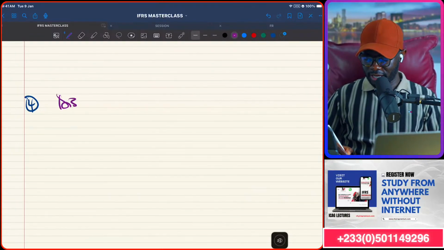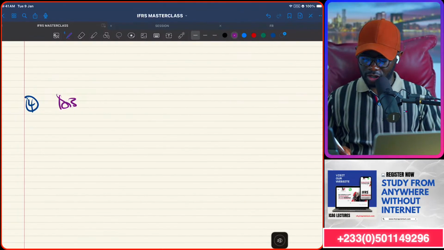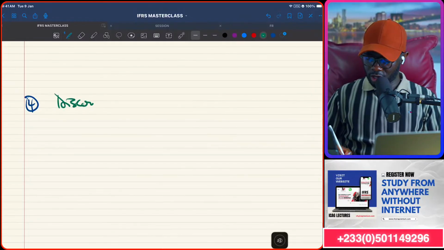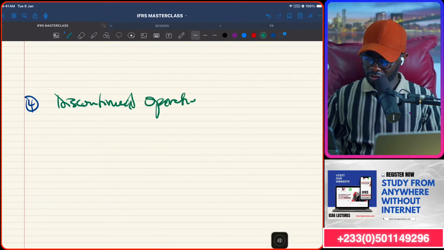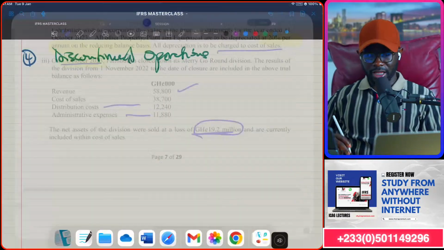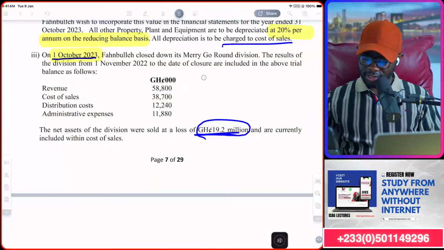Let's look at the profit or loss on the discontinued operation, which will come as a line item in the financial statement. So from the division that has been sold, this is their data.